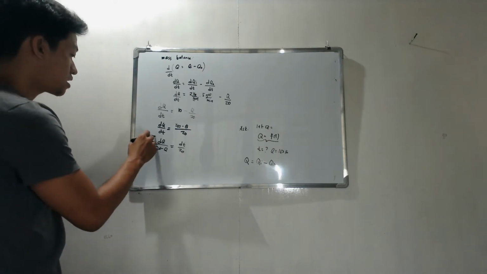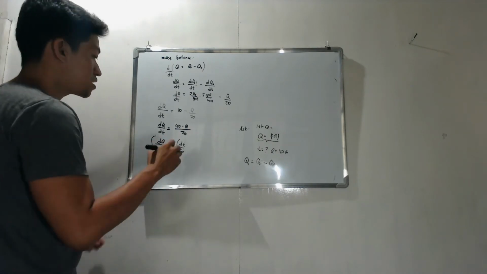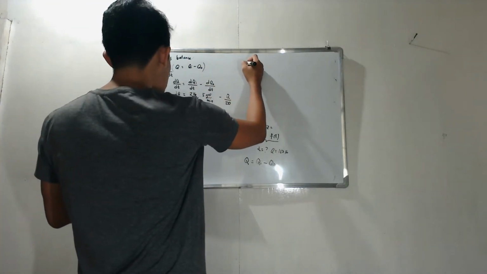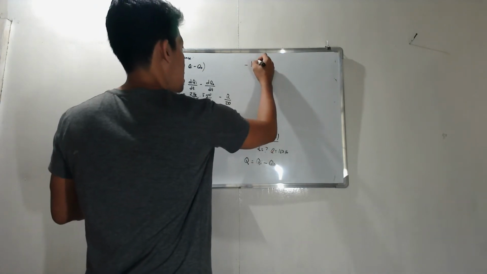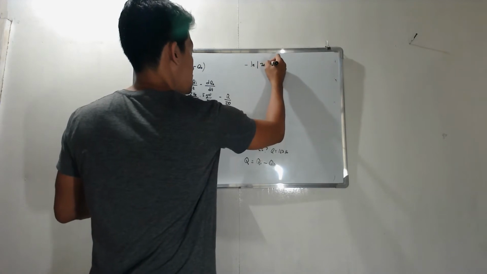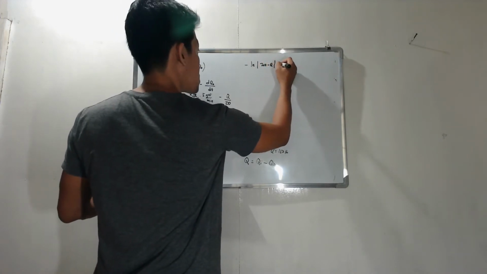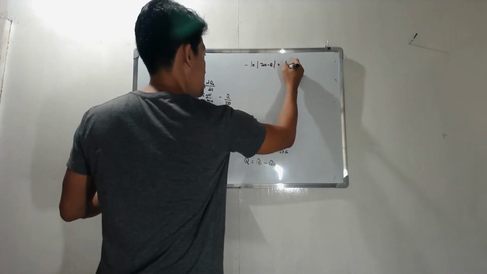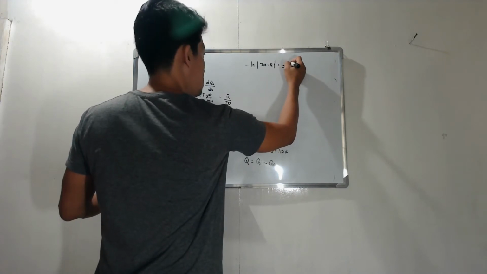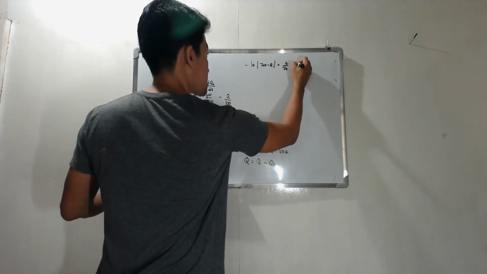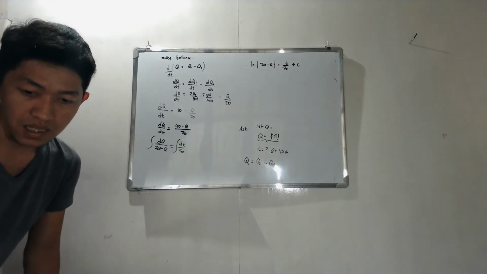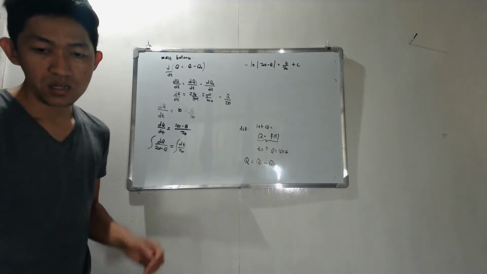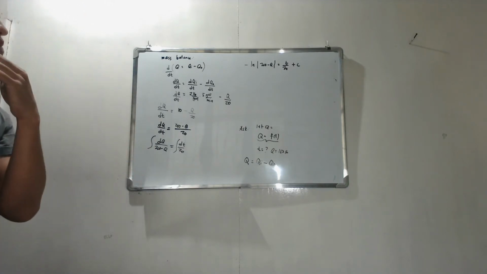Then integrate this one, we have negative ln of 200 minus q is equal to t over 20 plus c.